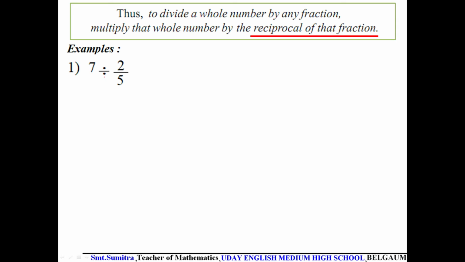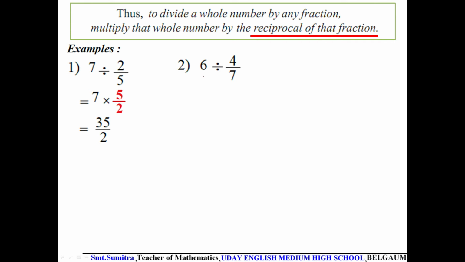Now, this is 7 as it is, divided by is written as multiplication, and 2 by 5 is written as its reciprocal, 5 divided by 2. 7 into 5 by 2. Then you multiply as usual. 7 5s are 35 divided by 2, answer.